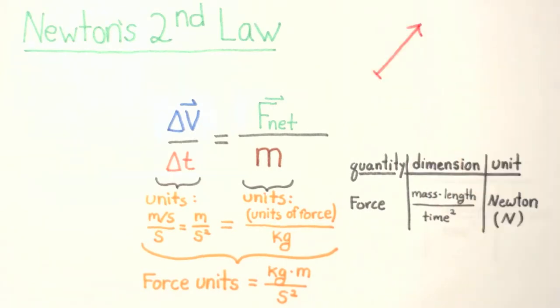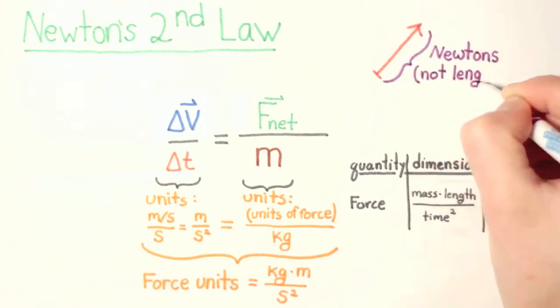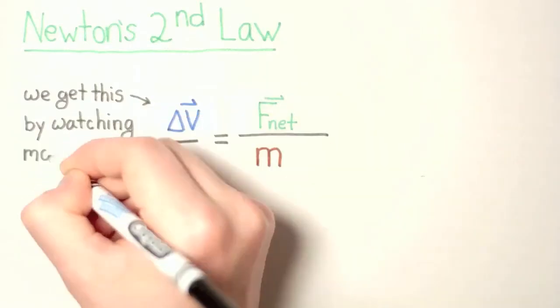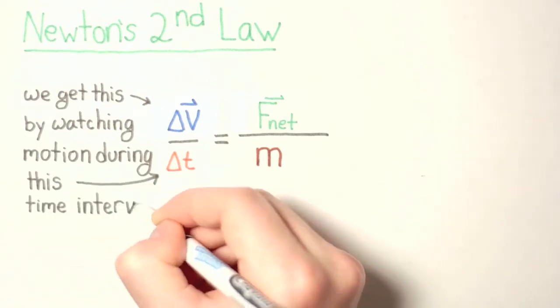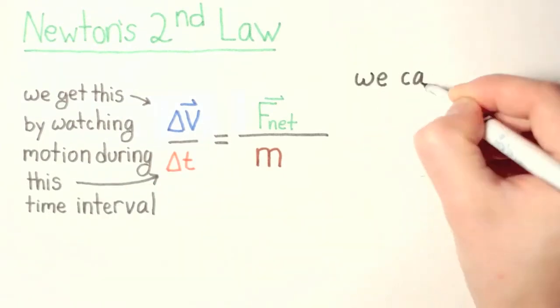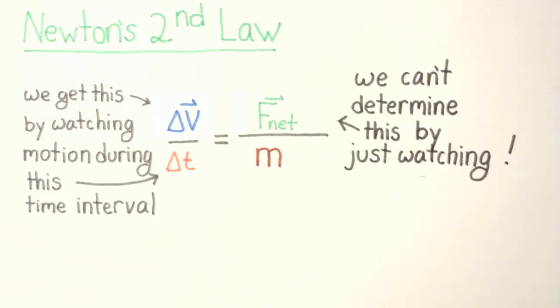Now, when we draw an arrow to represent a force, we'll know what the arrow's length means. Newton's second law is an amazing statement which relates something we can obtain just by directly watching our object move during some time interval to very different quantities that we cannot generally get at just by looking at our object.